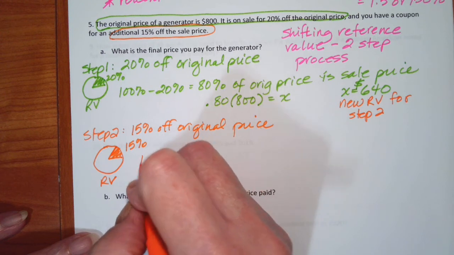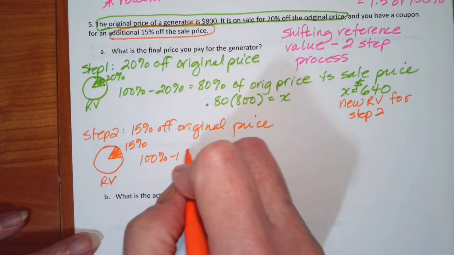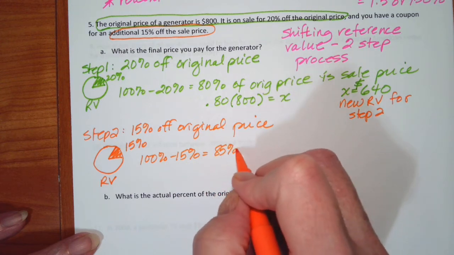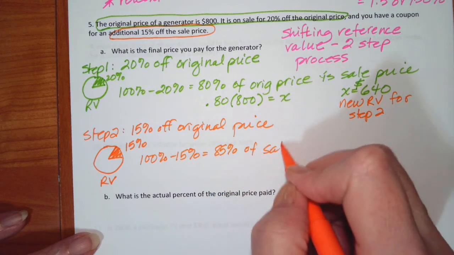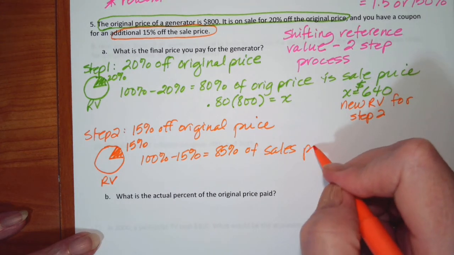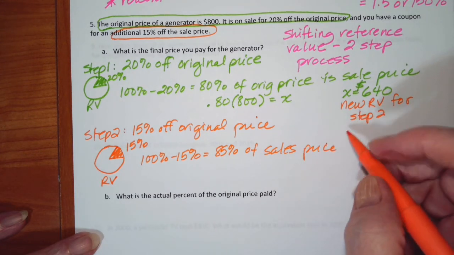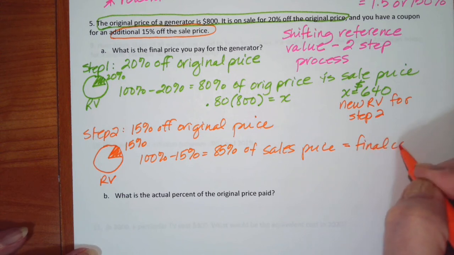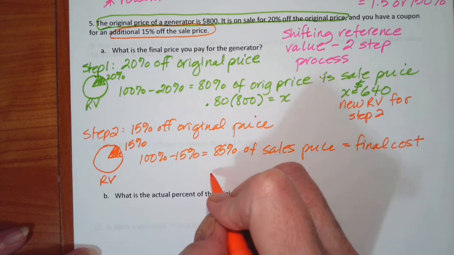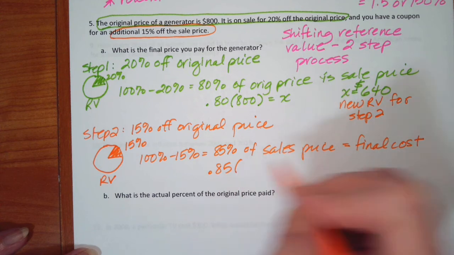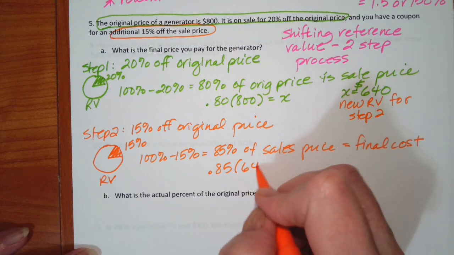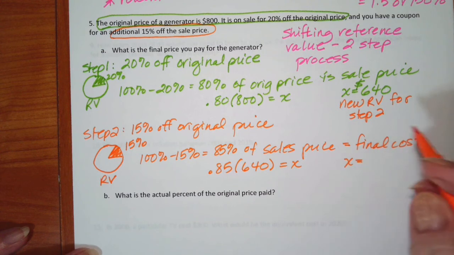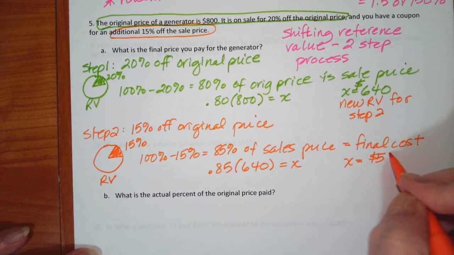So 100% minus 15% gives me 85% of the sale price is the final cost. So this is 0.85 times 640 is X, so our final cost is $544.